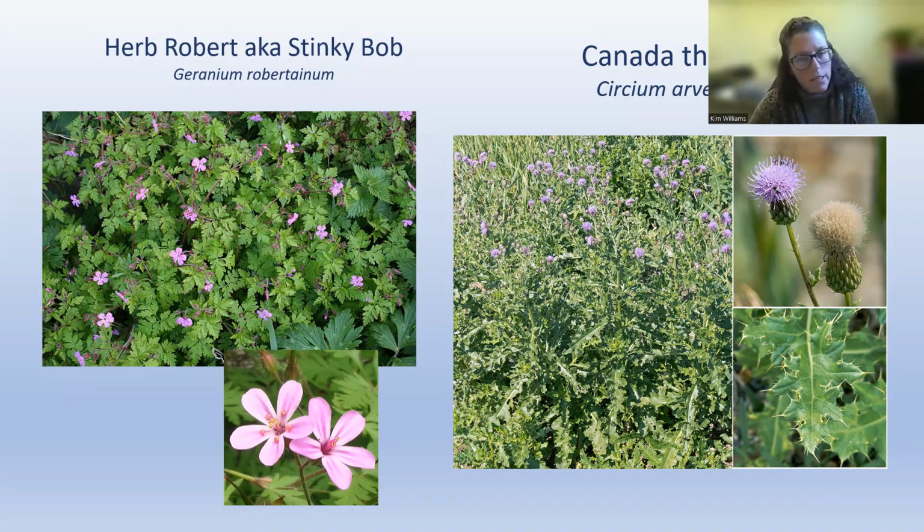So you find it in shaded areas under forest canopies and in little seepages, and it loves water as well. It's a little geranium. It is allelopathic, and allelopathic means that it emits chemicals that do not let any other plants grow. So you will find them in big masses.